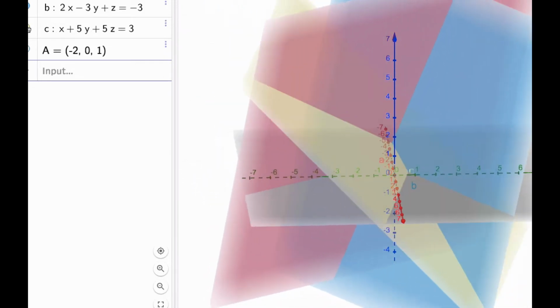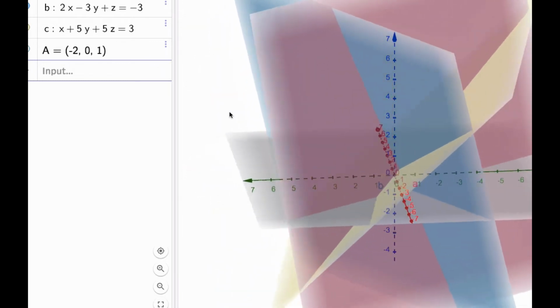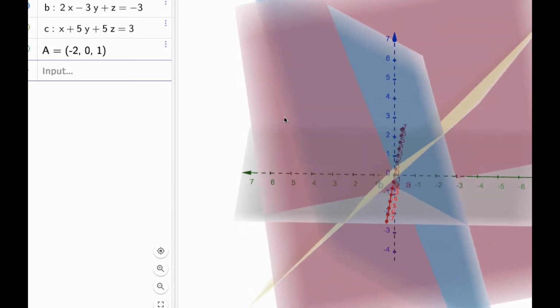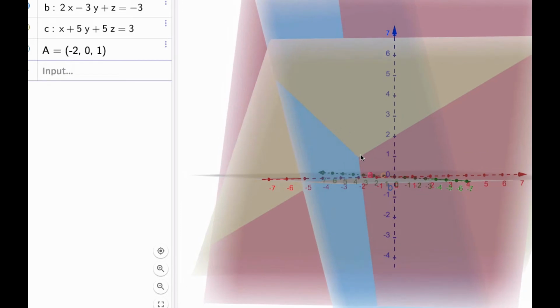And finally, I'm going to put the yellow graph on there. And you can see that they all intersect at a common point. And it is right there, the point, right here. And if I show it here, here's a point, (-2, 0, 1). And so three planes can intersect in a point.